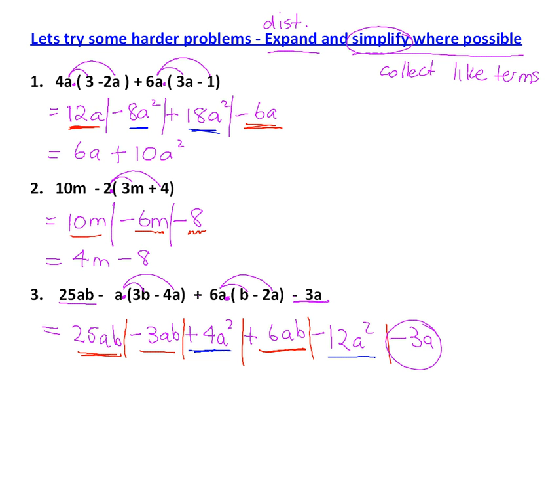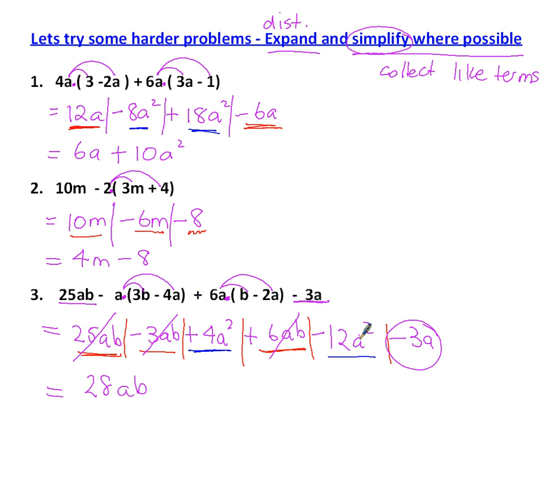All right, now let's go and collect those like terms. 25ab minus 3ab, there's 22ab, plus 6ab, we've got 28ab. And sometimes you might want to cross those out just to remind yourself when you've done them. Right, 4a squared, take away 12a squared.